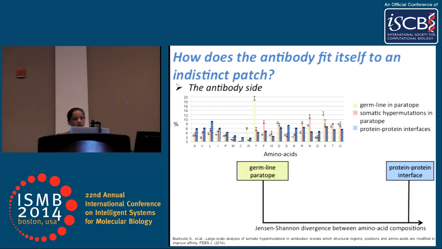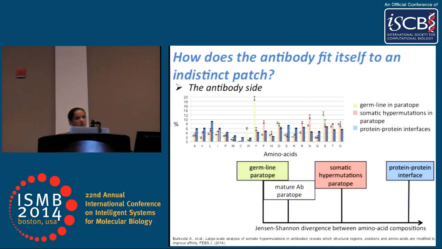Now, if we look again at the measure of the difference between these sets of amino acid compositions, we will see that the paratopes of germline antibodies are quite different from the protein-protein interface. However, the amino acid composition of somatic hypermutations is more similar to the protein-protein interface compared with the original germline.